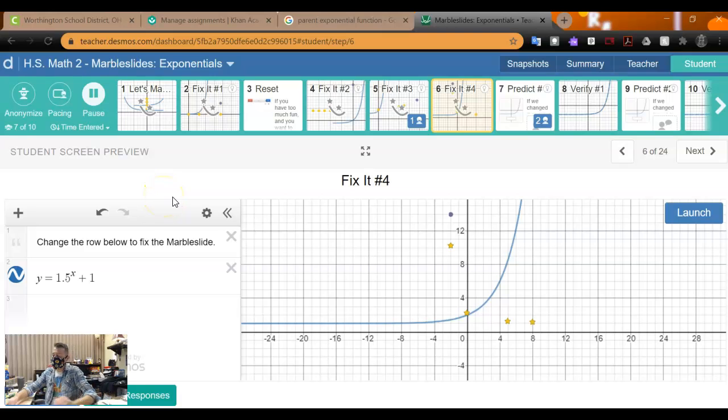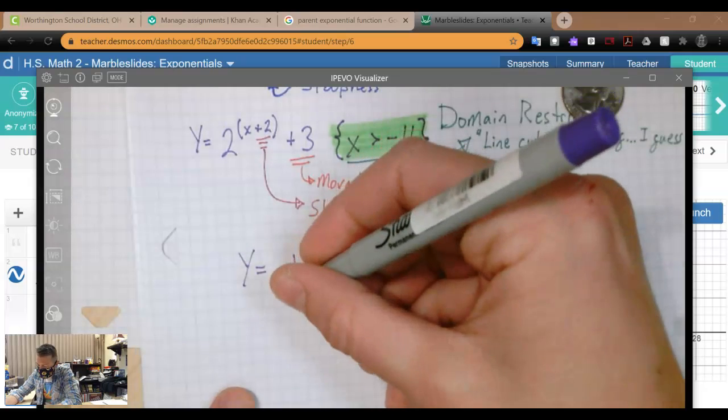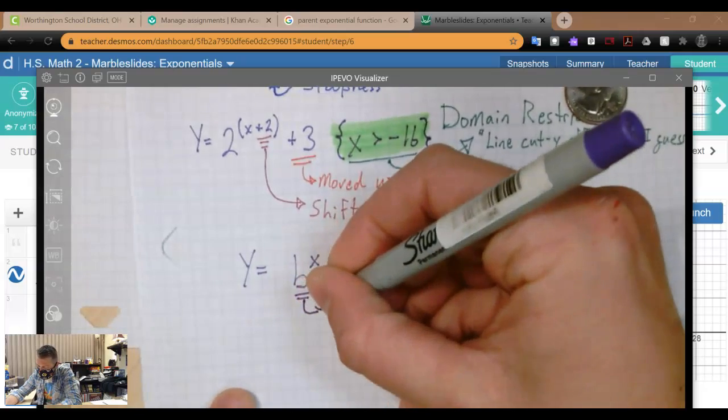Kaylin, say again what you said. Okay. Because when you multiply like a fraction or like a decimal by itself, it gets smaller. So as the base gets bigger, the answer is going to decrease instead of increase. So what Kaylin just said was B, the base.